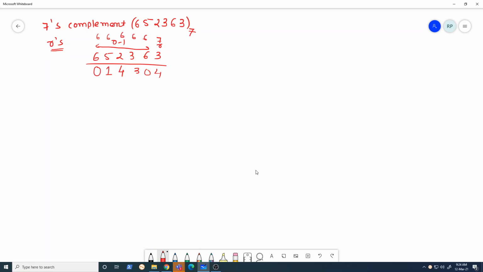So 0, 1, 4, 3, 0, 4 in base 7. This is your 7's complement of this number, right? And you need to write this number like 0, 1, 4, 3, 0, 4. That's it in your text box.